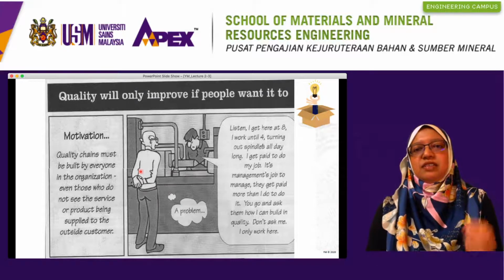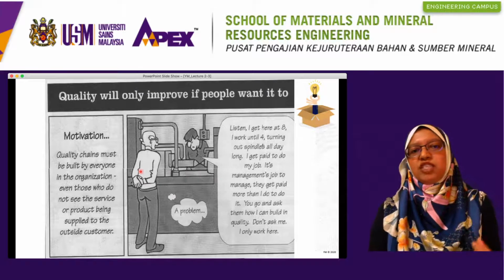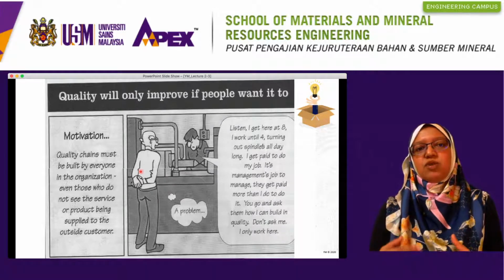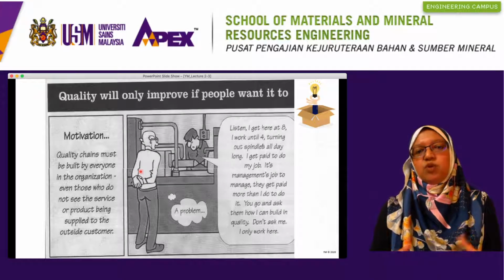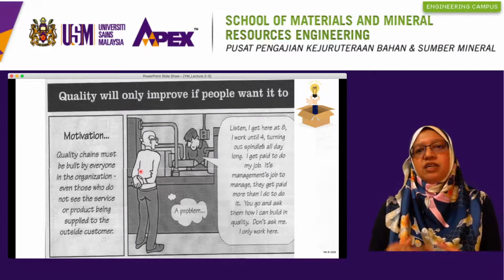That depends on their motivation. Motivation is really important for managing good quality. So the quality chain must be built by everyone in the organization, even those who do not see the service or product being supplied to the external or outside customer.